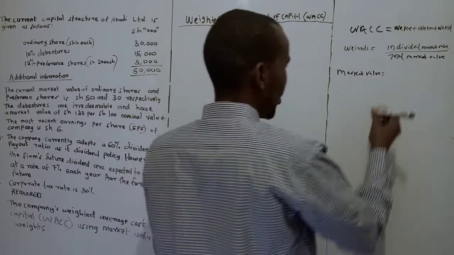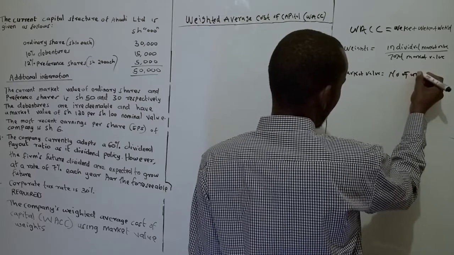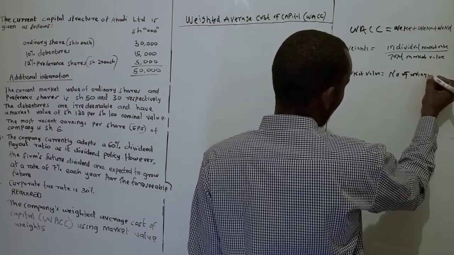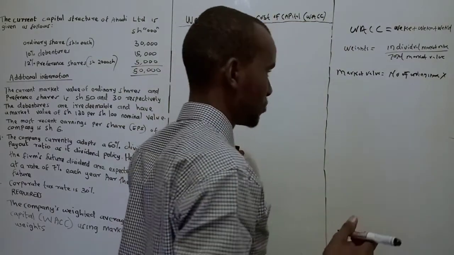it is equal to the number of ordinary shares multiplied by the market price per share.